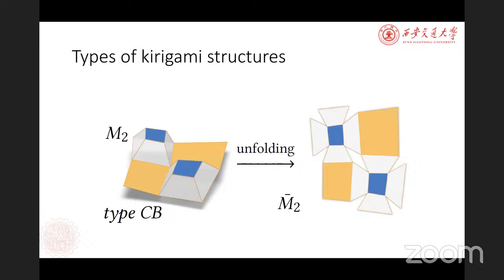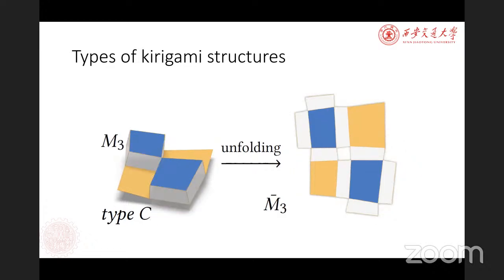The boxes are distributed alternately like a checkerboard. So only one half of the faces have boxes and the other half are covered with planar faces. And this one, we call it checkerboard Carigami, or type C for short. The only difference from the previous one is that the neighboring boxes are required to share the same edge.